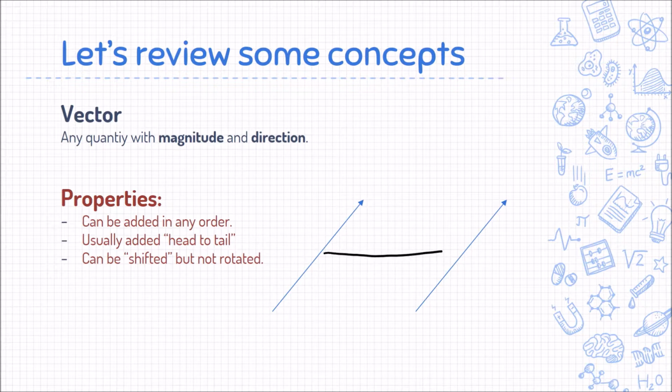If we just slide the vector over, it doesn't affect it. What affects the vector is its magnitude and direction, and we haven't changed the direction because we haven't changed the angle. So we can slide vectors around so long as we don't twist or rotate them.